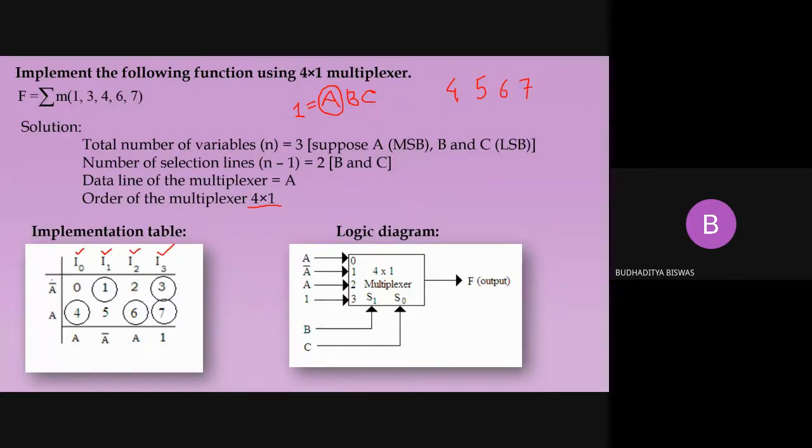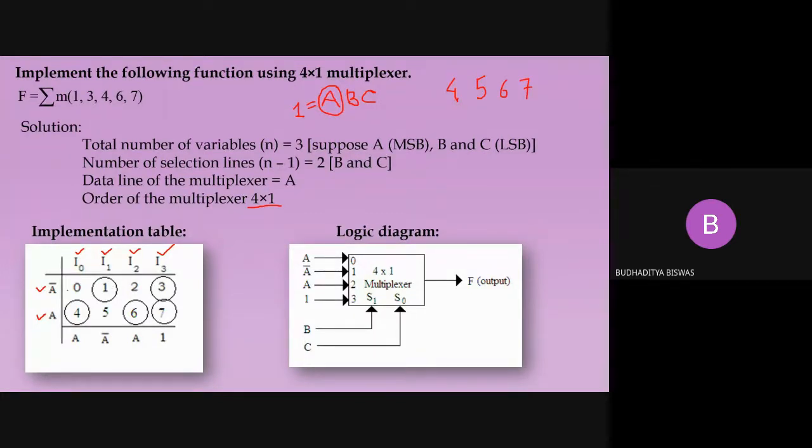Okay. And here you need to write the A, that means the data lines or the MSB of the variables, in this way. First is A bar, then A equal to 1. So A bar means A equal to 0, A means A equal to 1. As I mentioned, if A equal to 0, then 4 minterms can be formed. These are 0, 1, 2, 3.